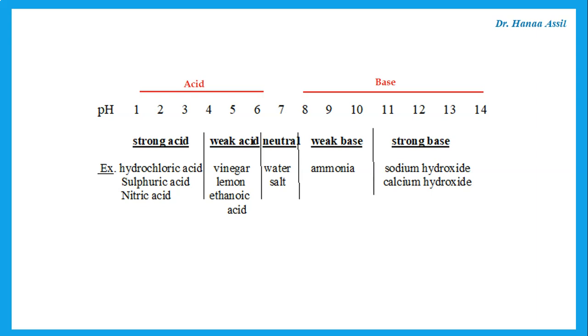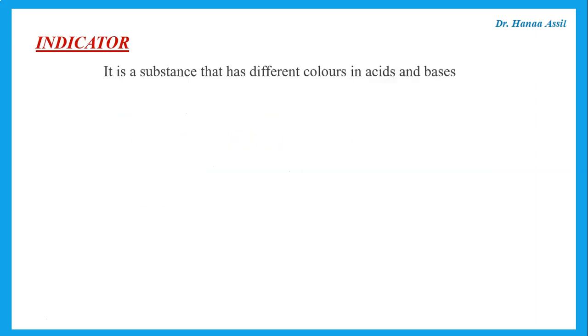Acids have pH less than 7, base has pH higher than 7. Anything that's pH 7 is neutral, like water or salts. Strong acids would have pH 1 or 2 or 3. Weak acids would have pH 4, 5, or 6. A weak base has pH 8, 9, or 10. And a strong base, anything that's hydroxide, would have a pH higher than 11.